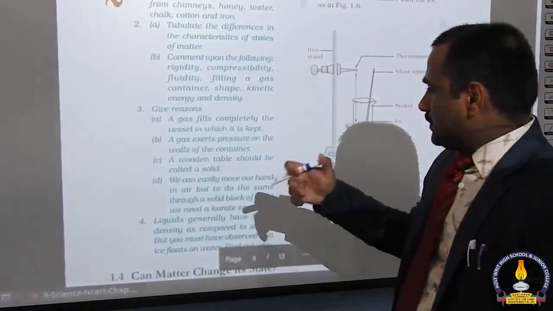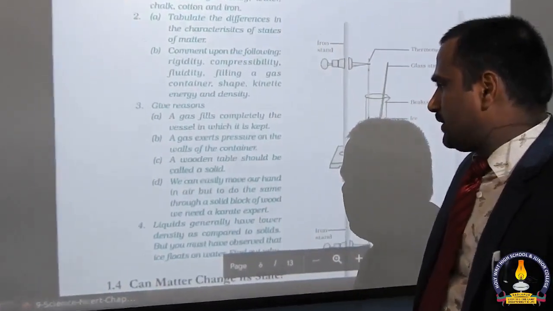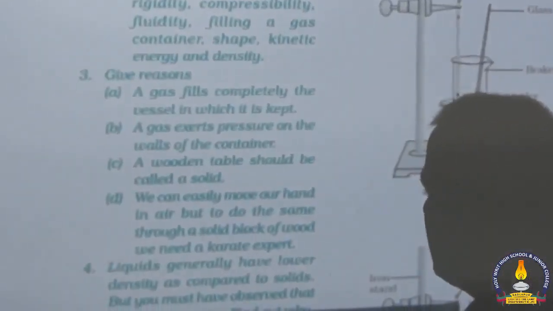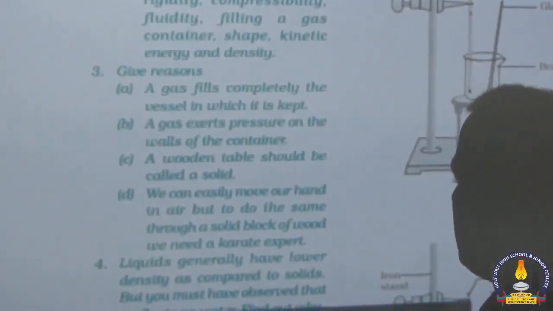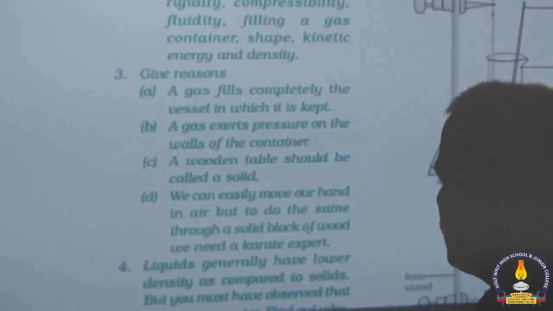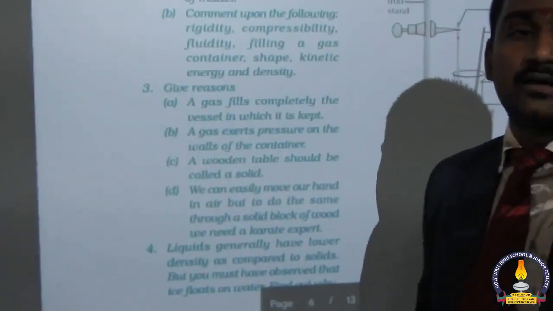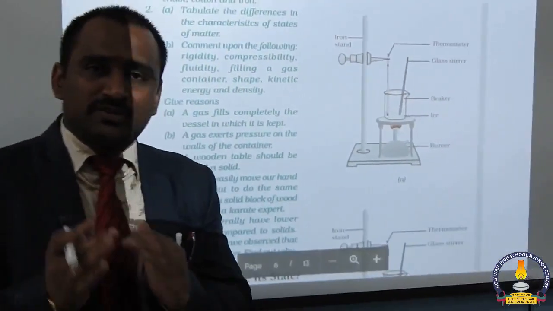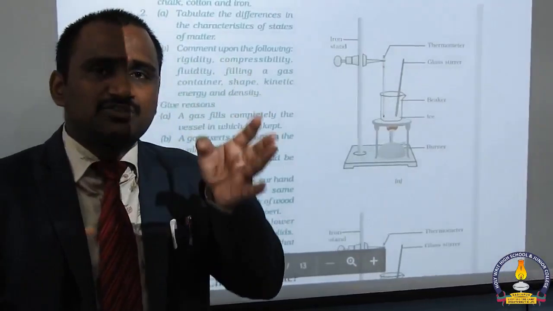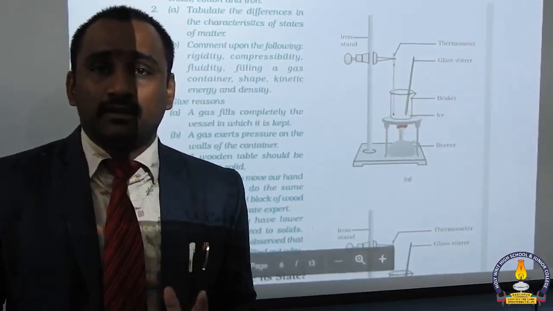Then the last statement they have given: we can easily move our hand in air, but to do the same through a solid block of wood, we need a karate expert. Now, in the air, so many empty spaces are there. Through the empty spaces, we are able to pass our hand.